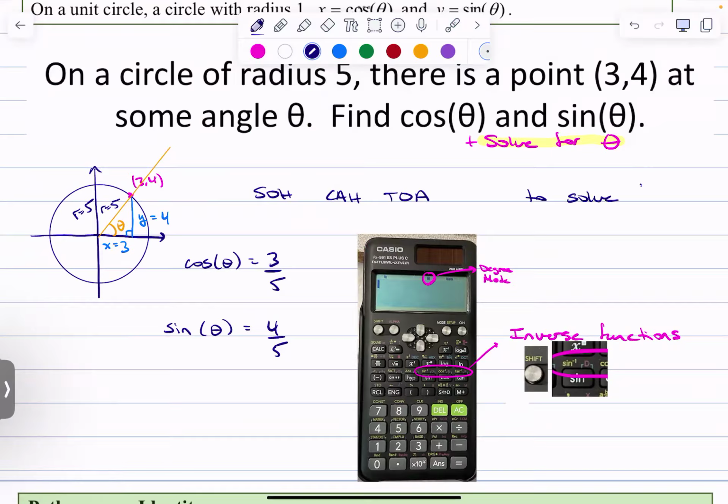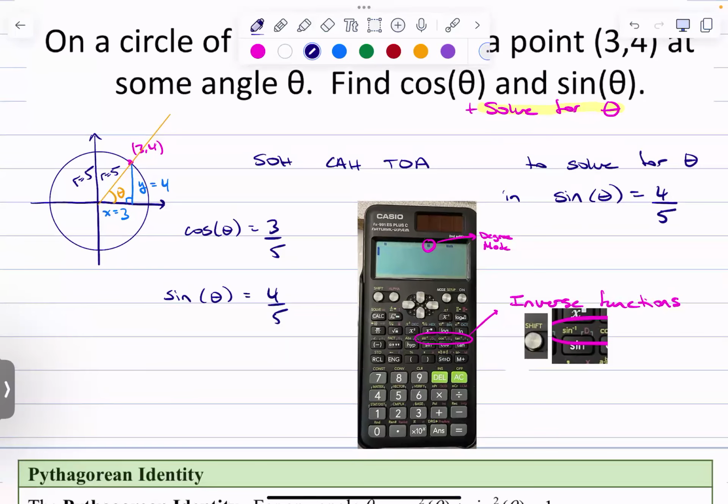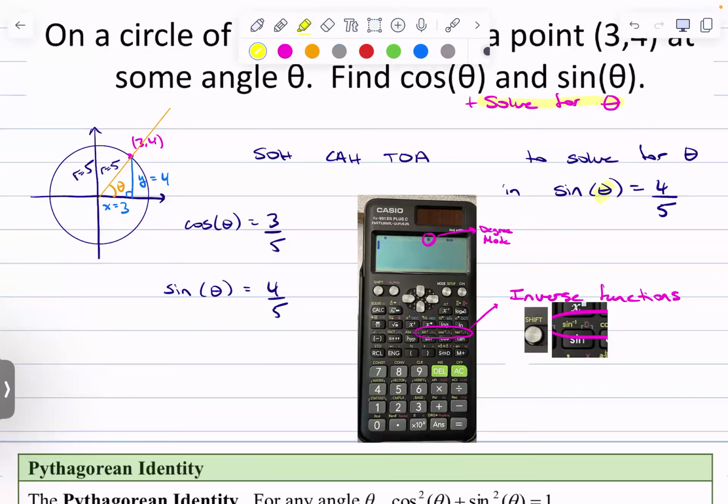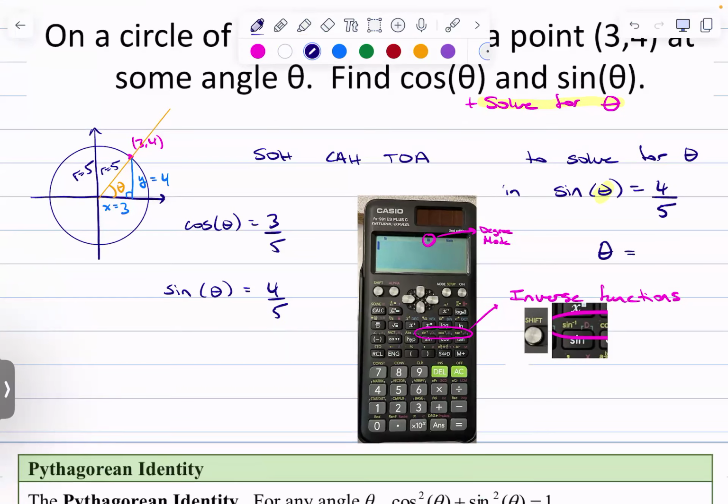And so to solve for theta in, for example, sine of theta equal to 4/5, to shake out that theta, what do you need to do? You need to take the inverse sine of 4/5. And so here, theta then is going to be the sine to the -1, which indicates the inverse, of 4/5.